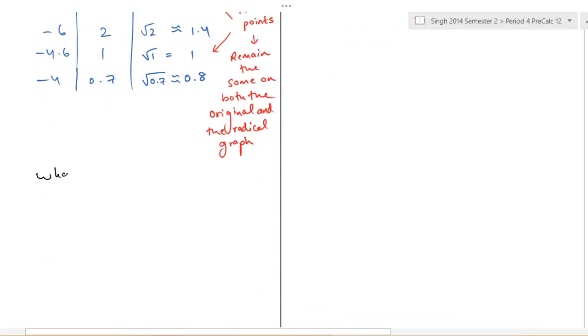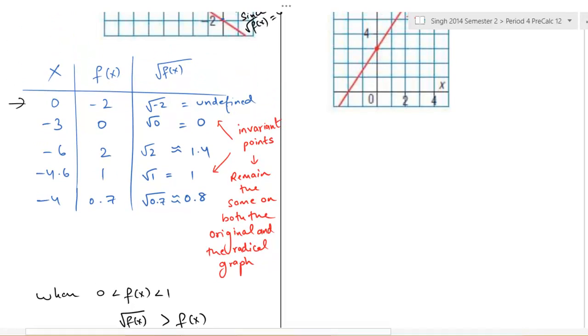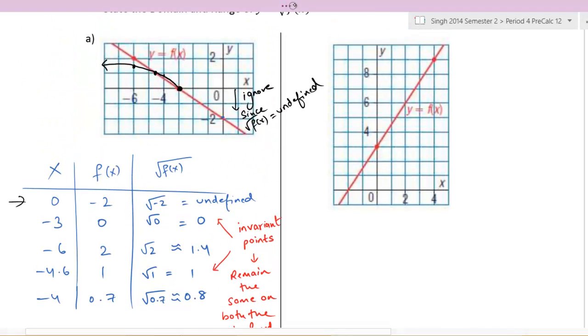When our original function f of x is between 0 and 1, then our square root of f of x is going to be bigger than f of x. So what that means here is, and I'll highlight it over here, when our original function f of x is between y values of 0 and 1, right here, then for that region our new function is going to be above that function.